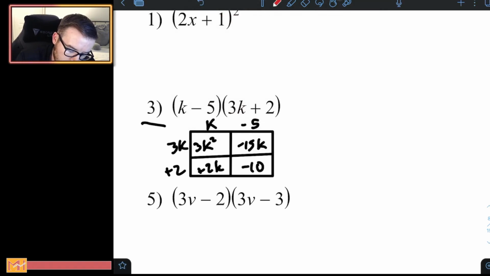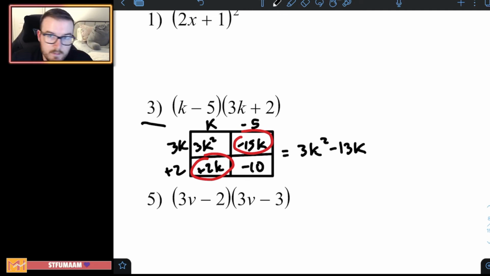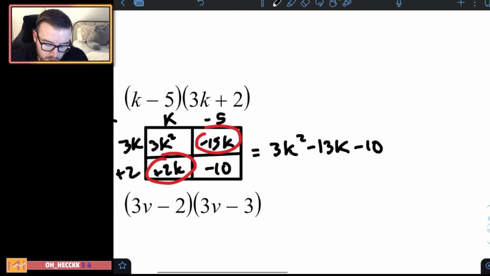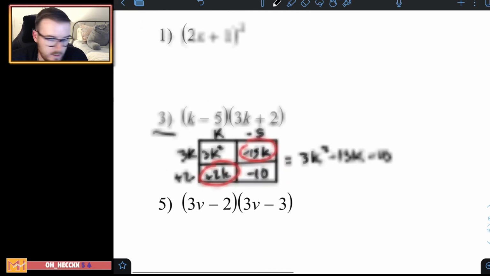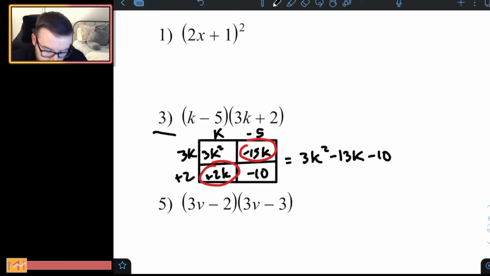Then you combine these like terms together, and we end up with 3k squared minus 13k, because negative 15 plus 2 is negative 13, and then minus 10. There's probably a decent handful of you who know how to do that in your head, but if you don't, use the box method as I have here.